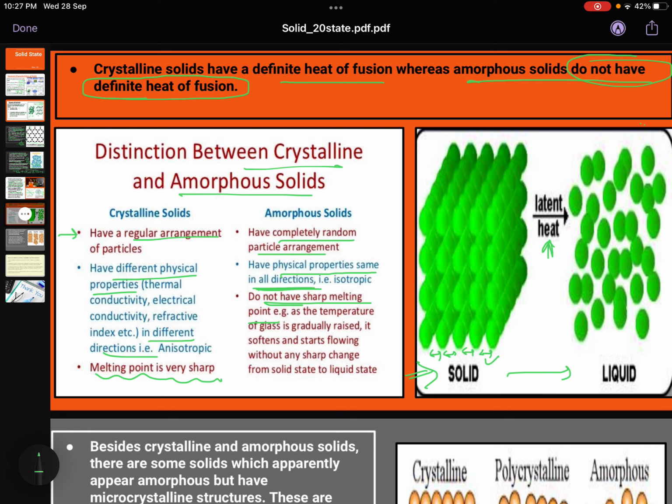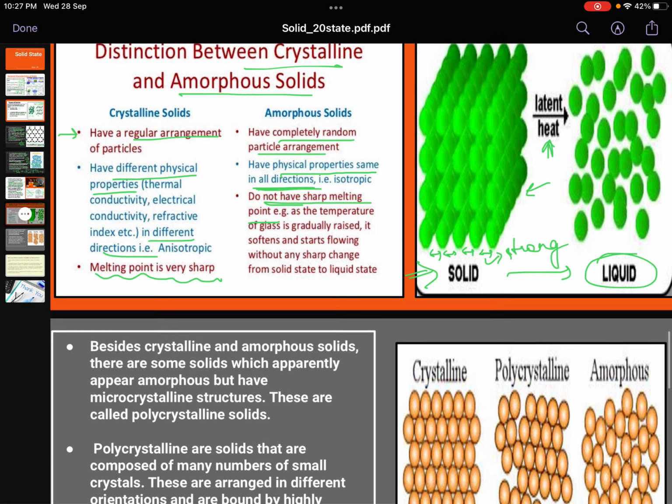The forces of attraction are strong. So when we provide a particular heat, since they are regularly arranged in crystalline solids, they will break at the same time and they will be converted into liquid. So the heat of fusion is definite in crystalline solids. Now moving to our next slide.